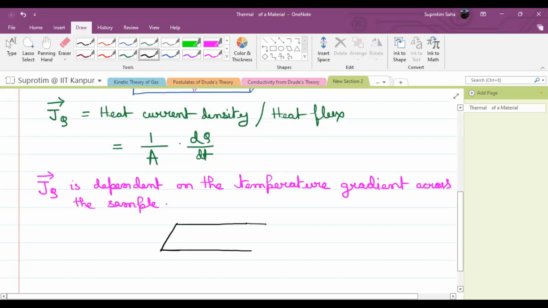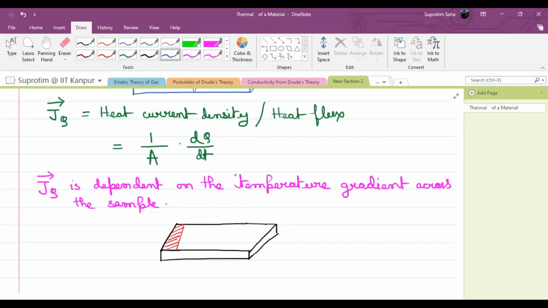So if this is your sample, one end is hot, and the other end is cool.